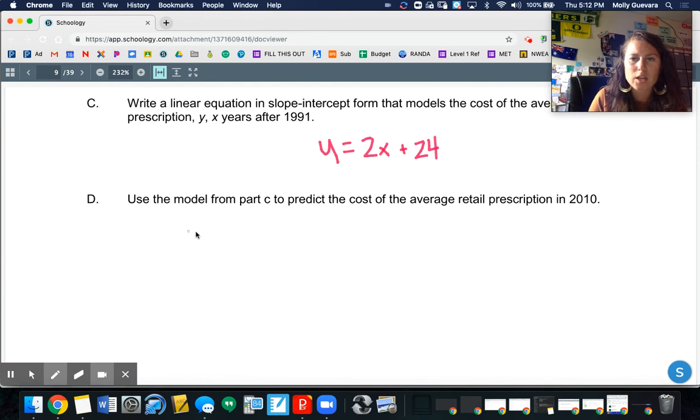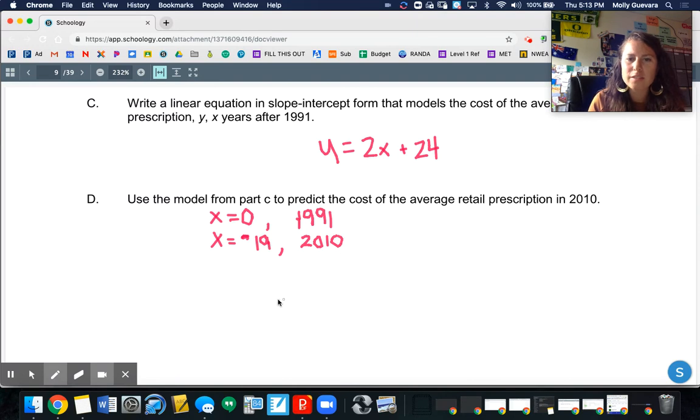Okay, so 2010. Well, I know that when x is 0, that represents the year 1991. So 1991 is 0. So how many years from 1991 to 2010? And if you're using your quick math, it's, wow, not 20, 19. So when x is 19, that represents 2010.